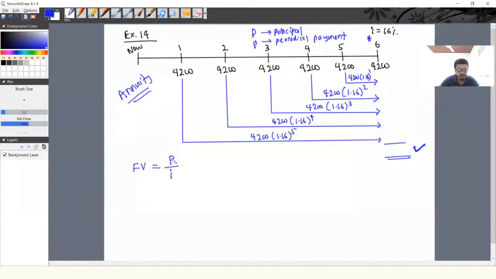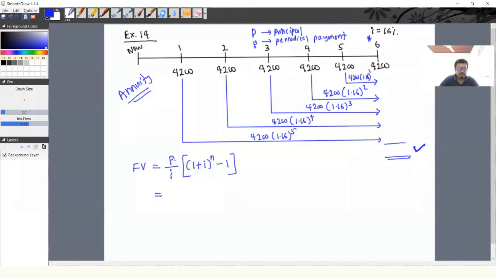So here it should be simple P, yeah? Simple P over I, into 1 plus I to the power n minus 1. Right.